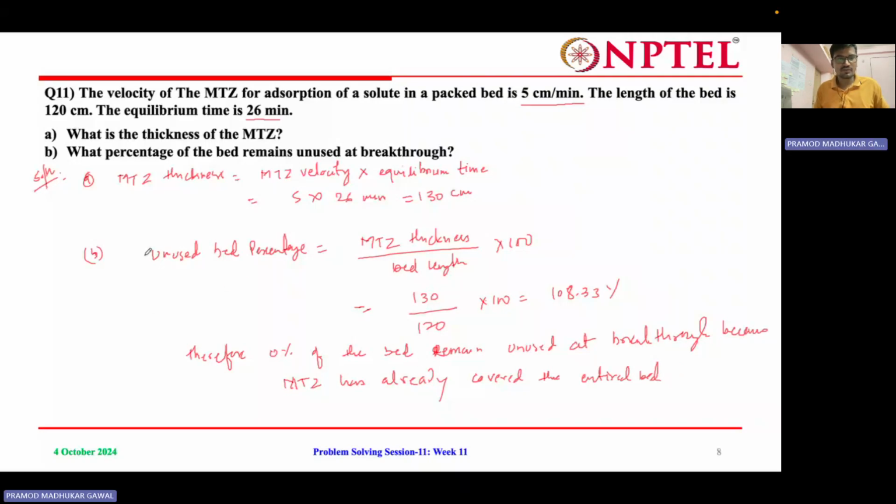In this question, we calculated the thickness of the MTZ, then the percentage. Here the MTZ thickness is 130, greater than 120, so 0% of the bed remains unused at breakthrough.